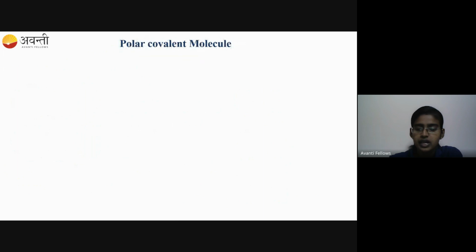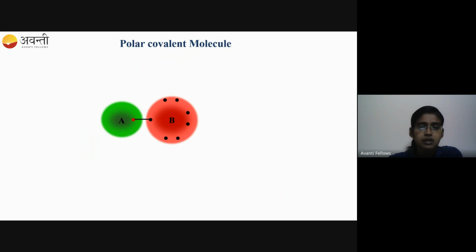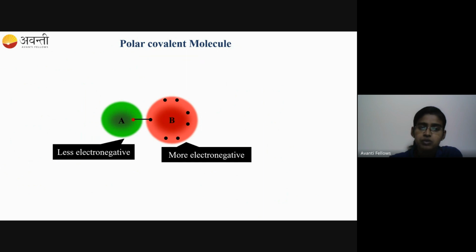Now coming to the polar covalent molecule, atom A will be different from atom B. So both the bonded atoms are now different. In most of the cases, the atom A, which is very small in size, would be less electronegative and atom B would be more electronegative. The one which is more electronegative will try to attract the shared pair of electrons towards itself, right?